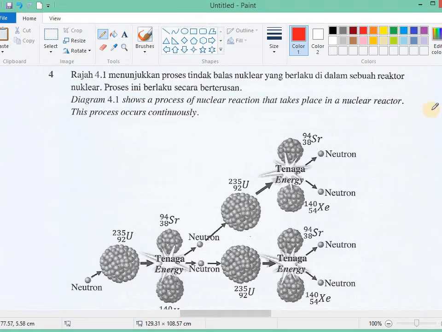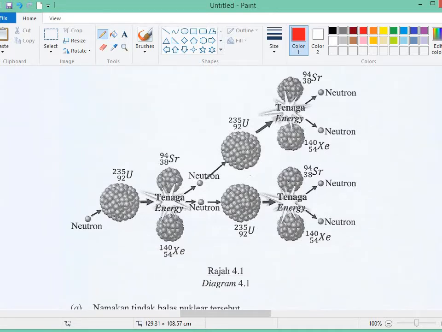This process occurs continuously. So we can see a neutron go into this uranium, the uranium splits, undergoes fission and becomes strontium and xenon, and releases two neutrons. So these neutrons go into another uranium, the uranium also splits, becomes strontium and xenon.